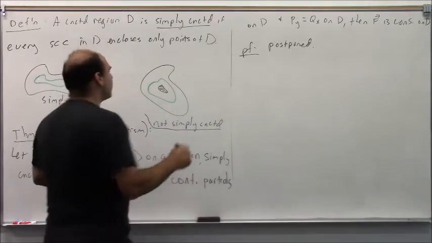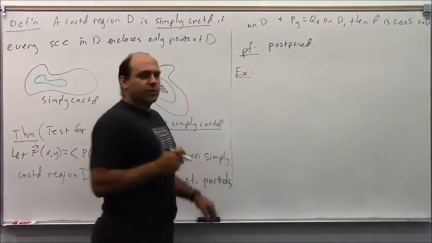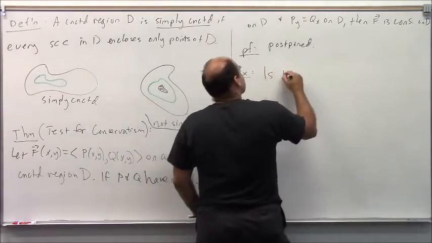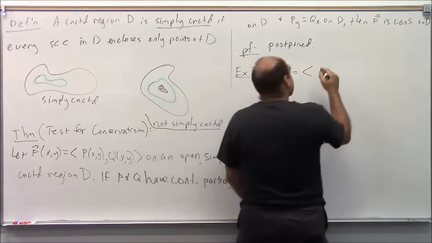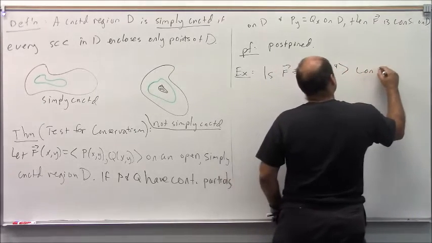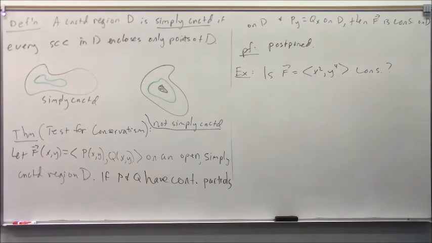But let's try an example. Let's just see if we can determine whether a given vector field is conservative. So let's say that capital F is ⟨x squared, y to the fourth⟩. Is that conservative, is the question. You should pause here, think through the theorem, and see whether you can apply it.